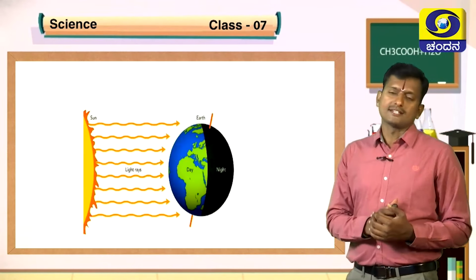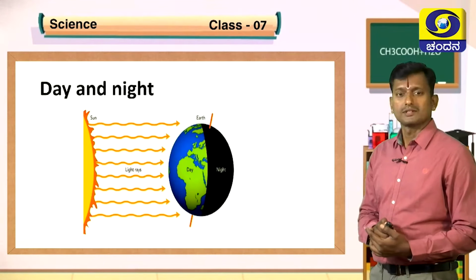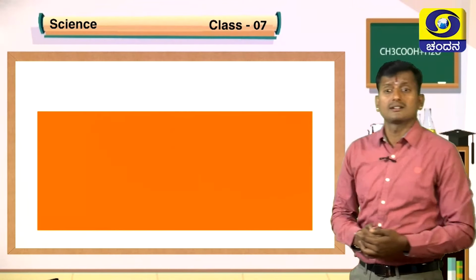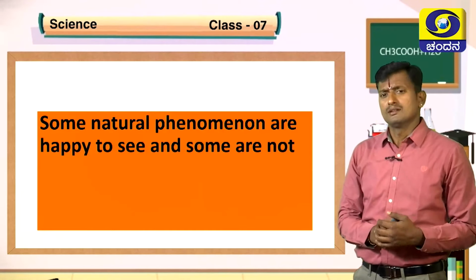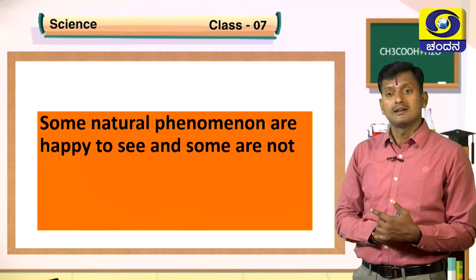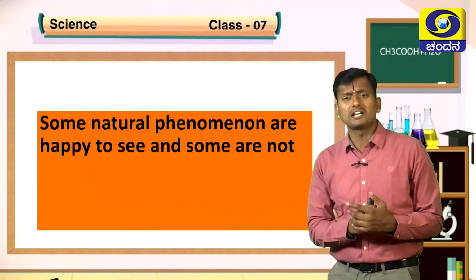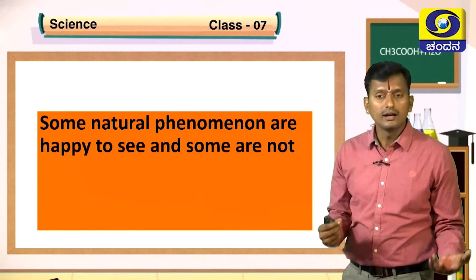Day and night is also a natural phenomenon, isn't it? Students, some natural phenomena are happy to see and some are not. Some phenomena make us fear due to their adverse effect on life, land and animals.